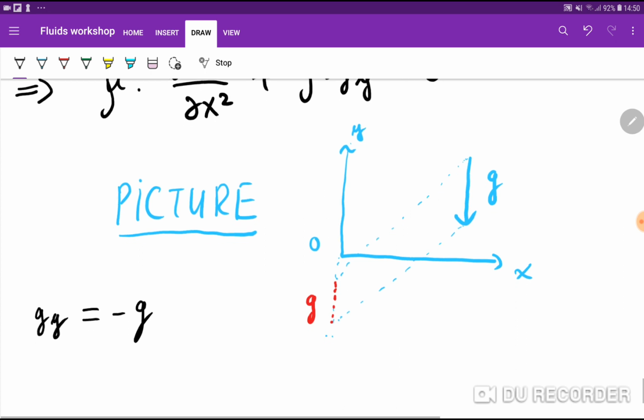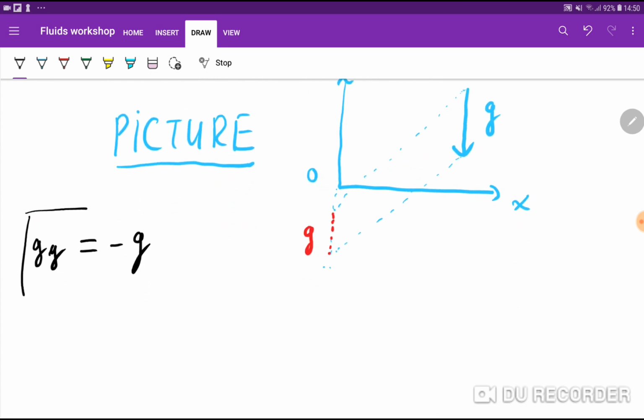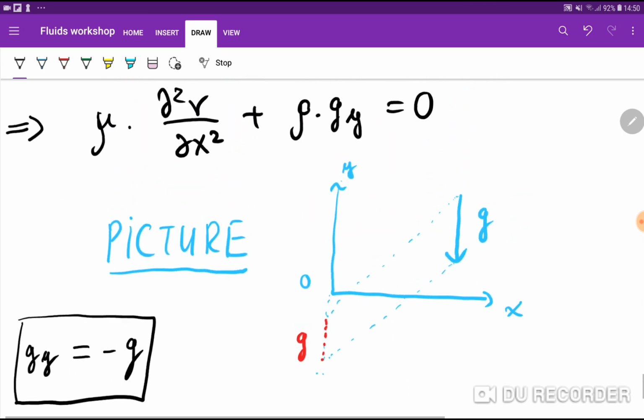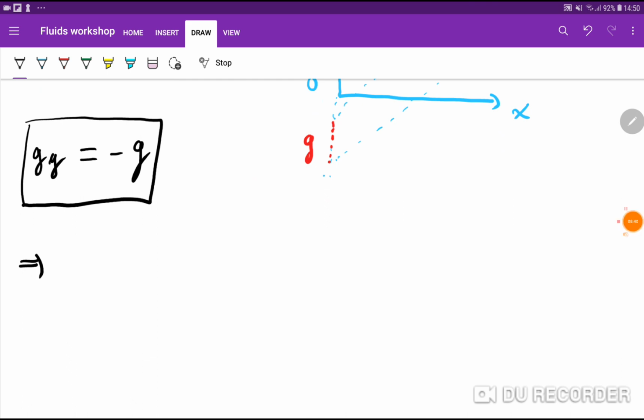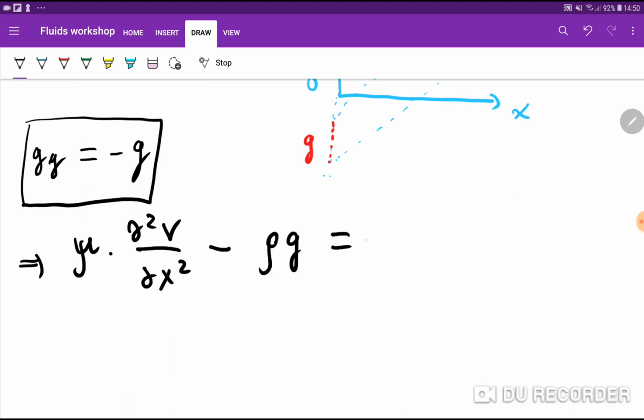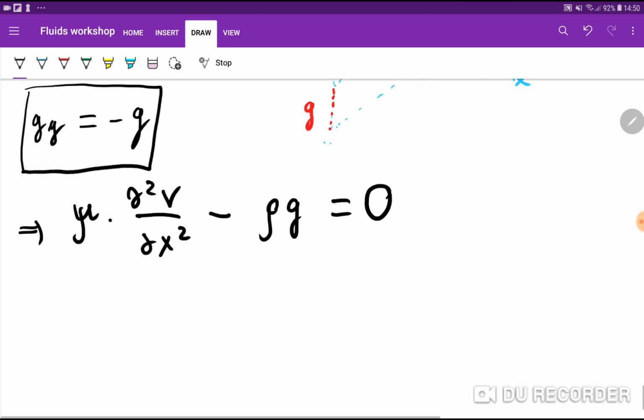Okay, so now we can substitute it in for g y, and we can say mu times partial squared v over partial x squared minus rho chi equals 0.